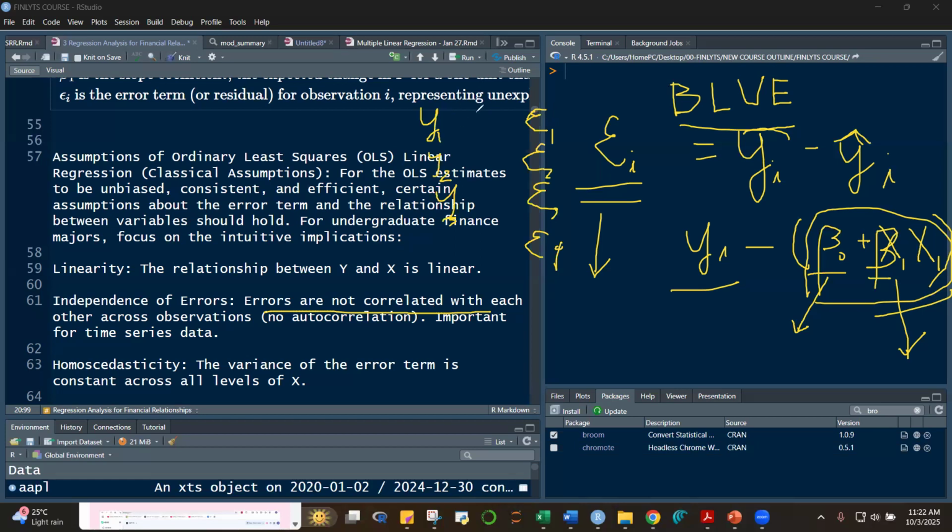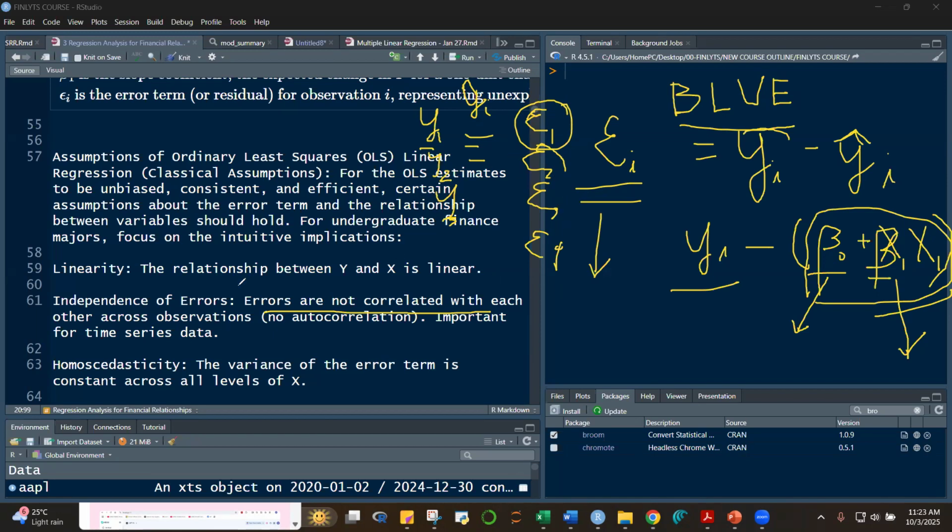By subtracting your predicted value, y hat sub i. Again, class, y hat refers to your predicted value. So your actual value minus your predicted value is equal to your residual. Now, we're told here that the residuals are not correlated. So epsilon 1 should not be correlated with epsilon 2, neither should it be correlated with epsilon 3, etc.